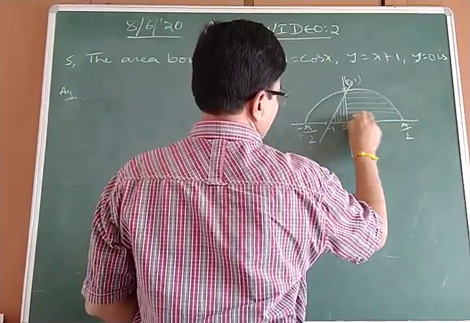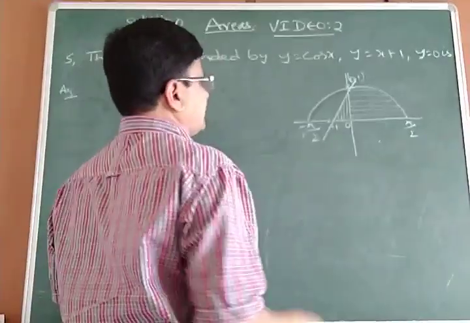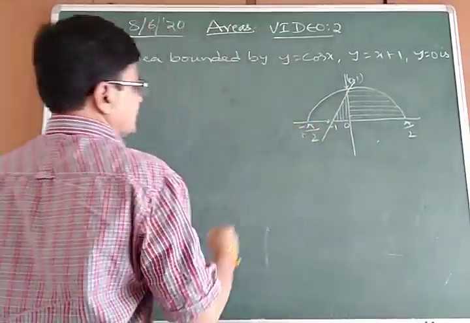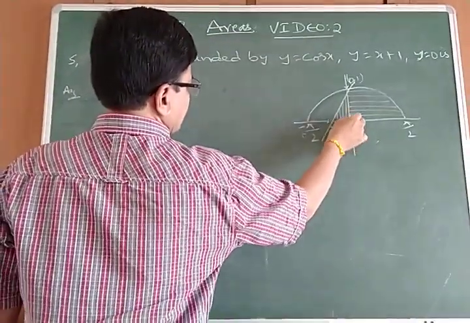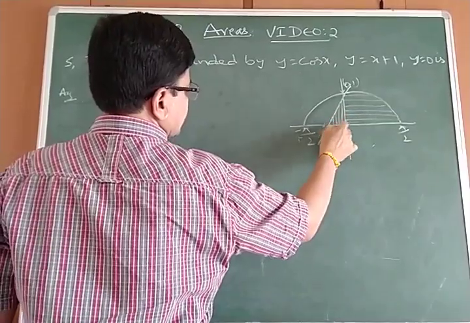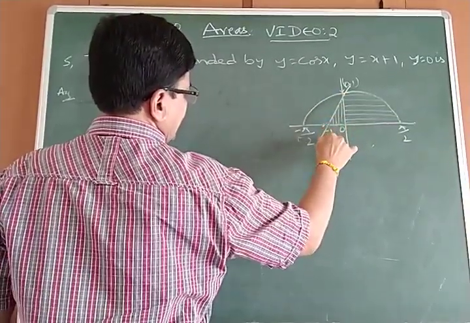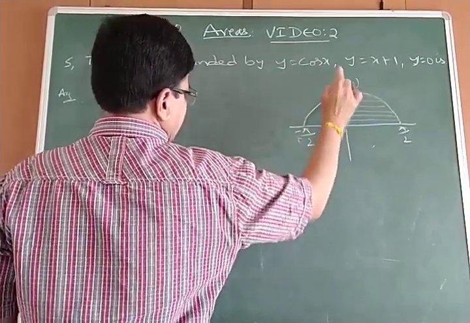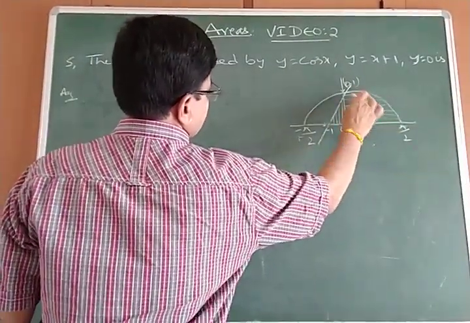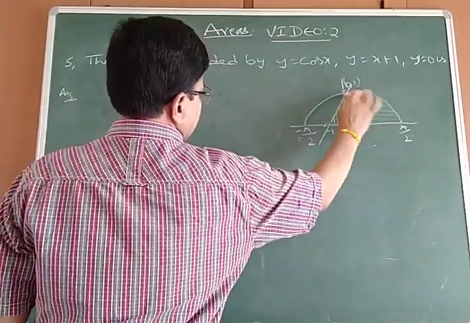So there are two parts. The required area is from minus 1 to pi by 2. So minus 1 to 0 is the area of the line. It is a right angle triangle, so the area of this part is half base into height. And integral 0 to pi by 2 cos x dx is the required other part.